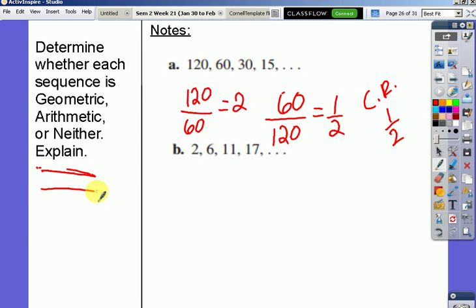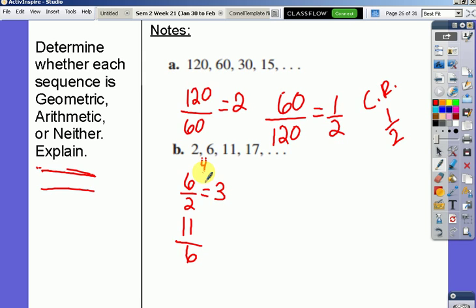Okay, 2, 6, 11, and 17 works the same way. Take each preceding term and see if you have a common ratio. Well, 6 divided by 2, that's 3. But then 11 divided by 6 is definitely not 3, right? So it's not geometric. So now you move on to, is it arithmetic? So 6 minus 2 is 4. 11 minus 6 is what? 5.